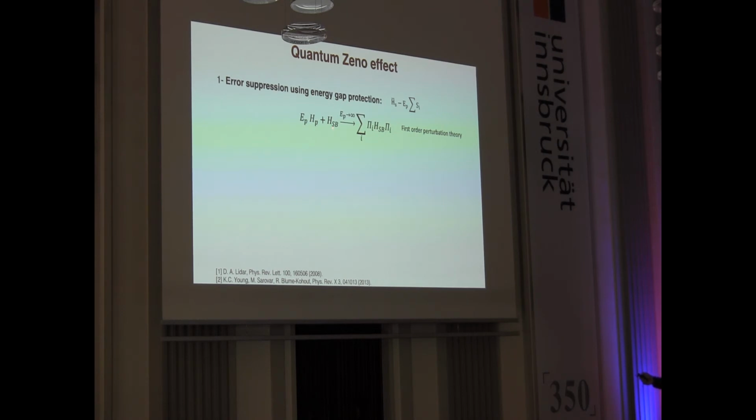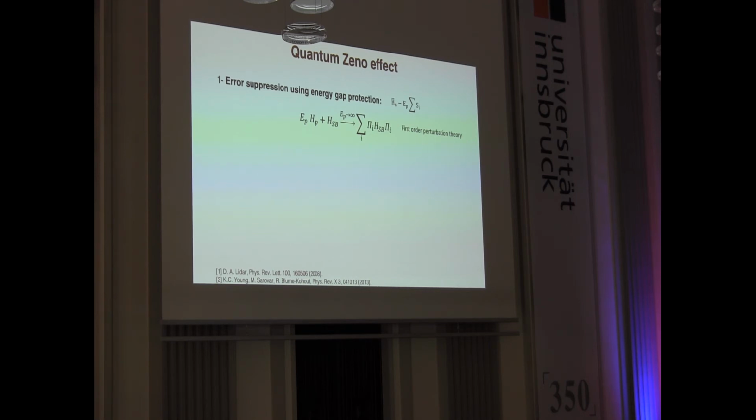So any Hamiltonian, when I increase this EP, will be projected into the eigenbases of this Hamiltonian, right? This is just first order perturbation. But if by construction I know that the eigenstates of HP are related to the code space, this is basically like saying that I'm projecting this noise into a measurement that is performing a quantum Zeno effect, right?